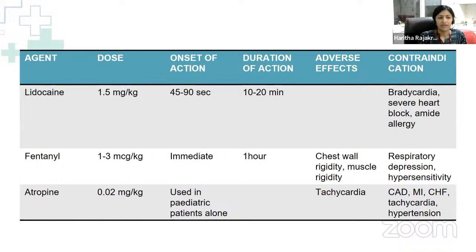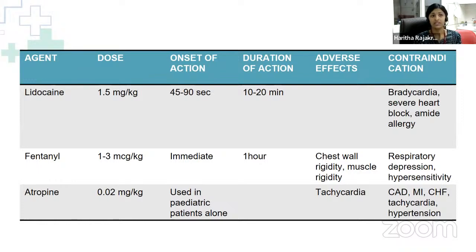And atropine, I mentioned that we use it in pediatric patients alone. The main reason is that atropine is contraindicated in patients with any heart diseases or arrhythmias, myocardial infarctions, congestive heart failure, tachycardia, and hypertension. In situations where you need to intubate the patient on an emergency basis, you never know.